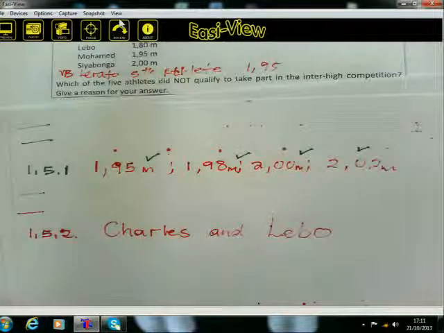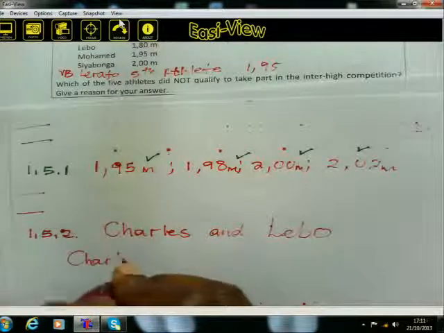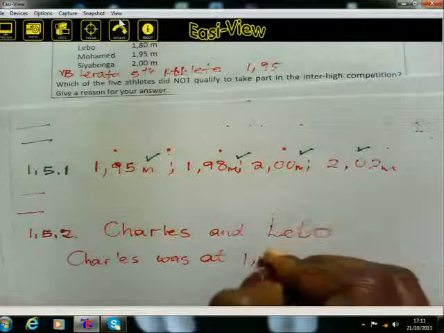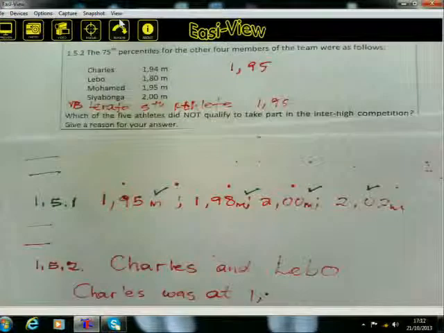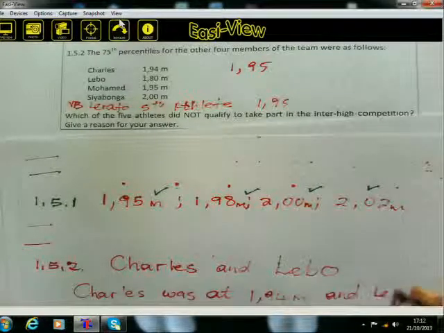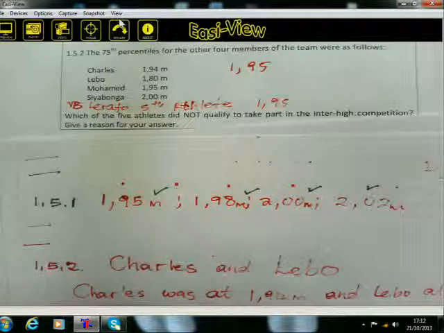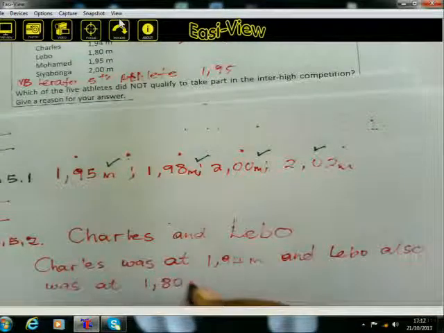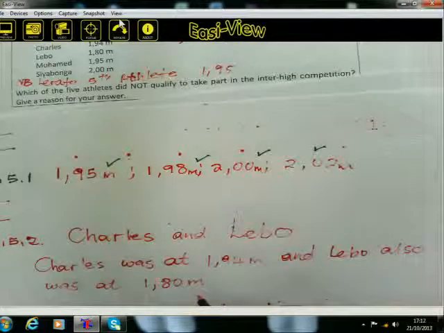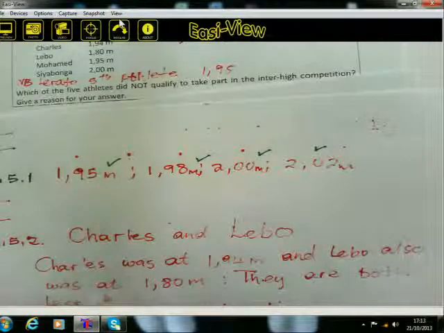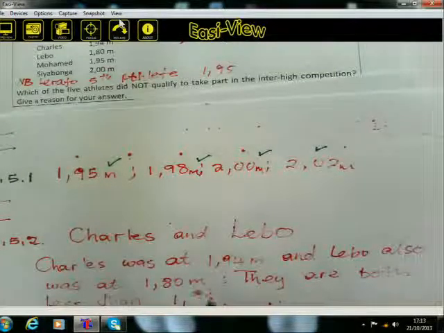For giving a reason, we will say Charles was at 1,94 meter and Lebu also was at 1,80 meter, meaning they are both under 1,95. Both less than 1.95 meters.